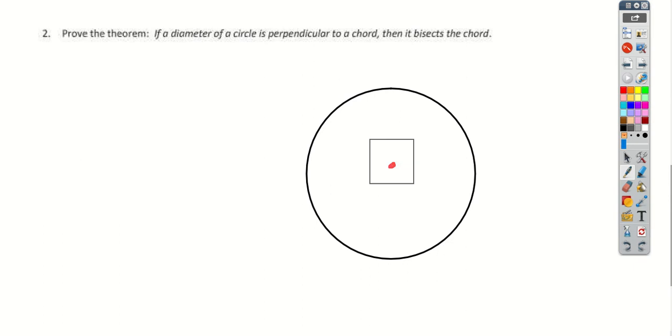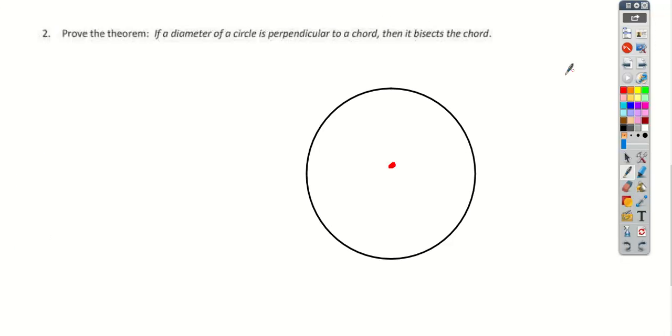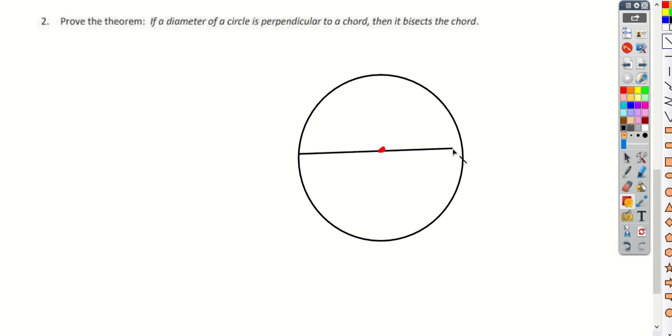On the next one, this is the reverse. So I would draw, with the straight line tool, a diameter right there. And I'm going to draw a chord going this way.